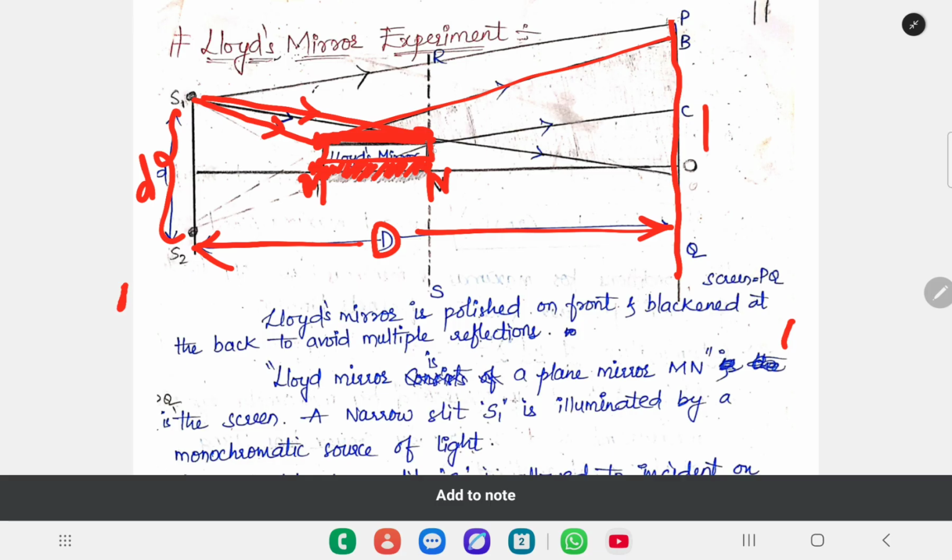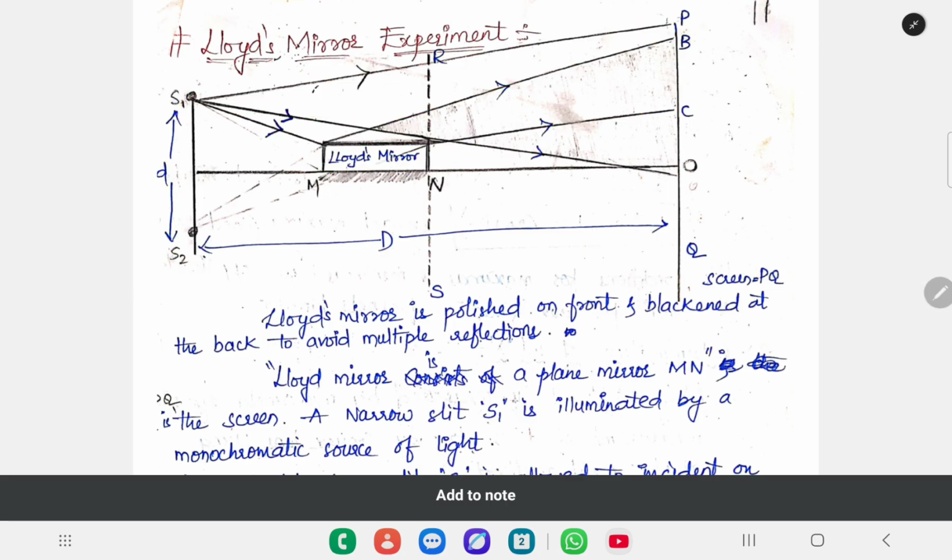This is virtual. From the PQ screen one can see as if the light is coming from here. So this one is S1, a virtual source, and this will be the virtual source S2. So this is about the diagram.